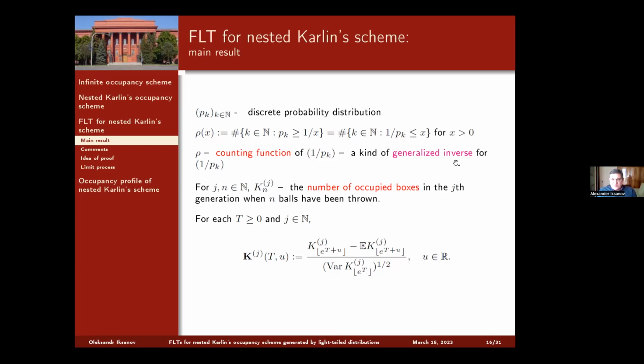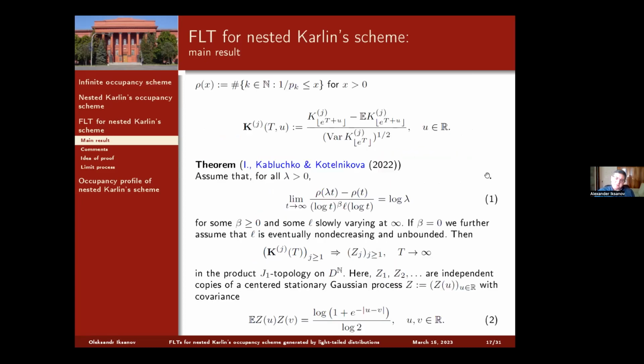And here is our first main result. We assume that the counting function rho of the sequence 1 over p_k satisfies condition 1 for some non-negative beta and some L slowly varying at infinity. And the claim is that the vector-valued process on the left-hand side, formed by the numbers of occupied boxes in the subsequent generations, converges weakly in the product Skorokhod space.